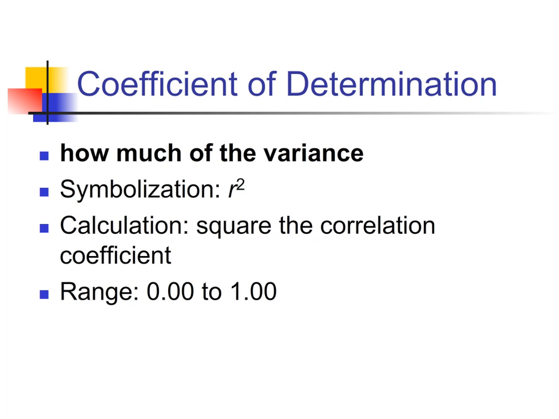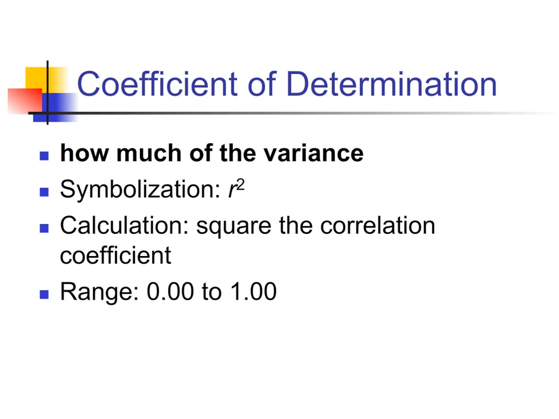So if we're talking about studying and grades, and we say studying time accounts for 25% of the variance in grades, that's a large chunk of variance in grades that's taken up by how much time you study. If I can explain 1/4 of your grade by how much you study, then I've actually explained a lot. And that's what the coefficient of determination does.